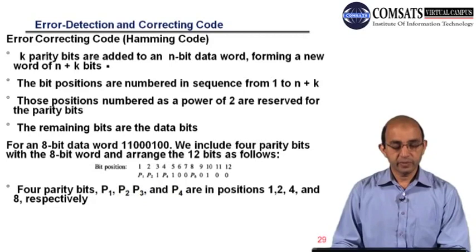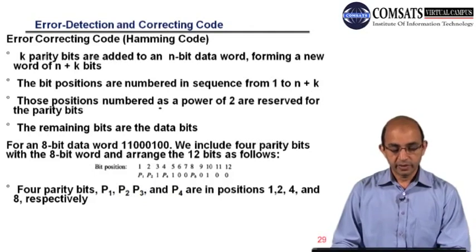In the Hamming code, k parity bits are added to an n bit word, so now we have the new size of n plus k bits per word. The positions are numbered in sequence from 1 to n plus k.